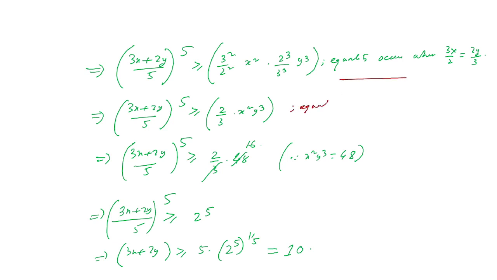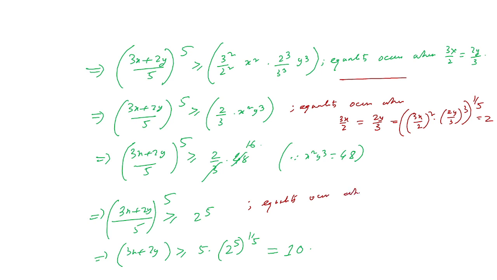Okay, equality occurs when 3x by 2 equals to, এখানে জিজ্ঞাসা করা হয়নি, যদি জিজ্ঞাসা করতো আর কি তাহলে তোমার এই পার্টটা কন্টিনিউ করে যেতে হতো। So this is basically 3x by 2 whole square, 2y by 3 whole cube to the power 1 by 5, and that value will be 2. So that means equality occurs when 3x by 2 equals to 2y by 3 equals to 2.